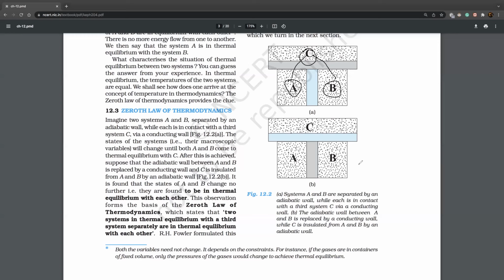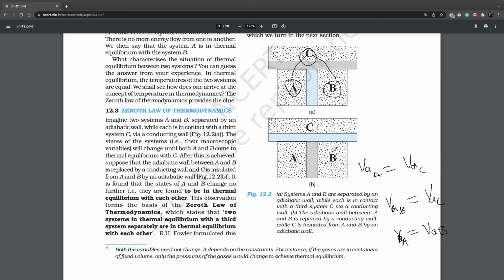If we say the variables of A, VA of A, is equal to the variables of C, VA of C, and VA of B is equal to VA of C, therefore, since both of these are equal, VA of A will be equal to VA of B. If we look at it mathematically, this is just an analogy.